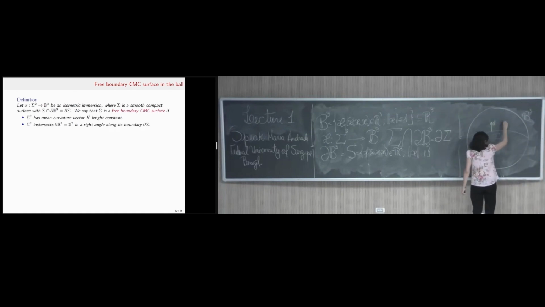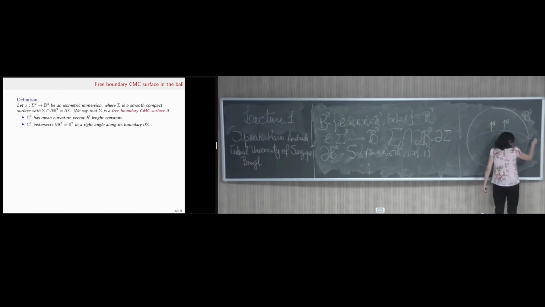But when you look at the boundary of the surface, which intersects the boundary of the ball, that is the sphere, you can define the conormal vector.